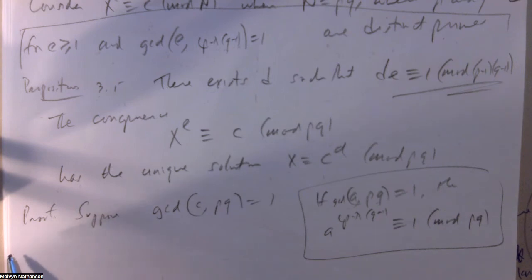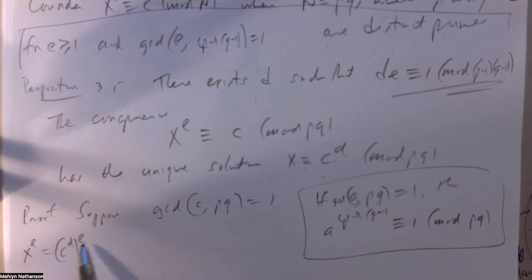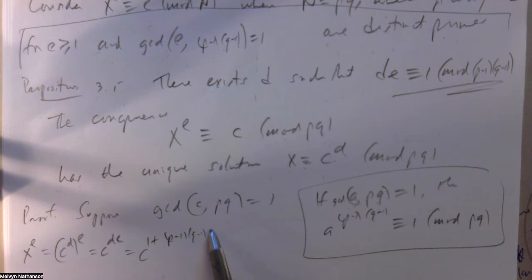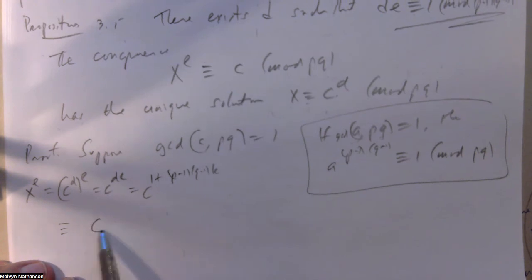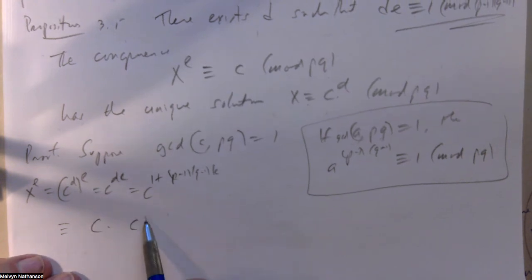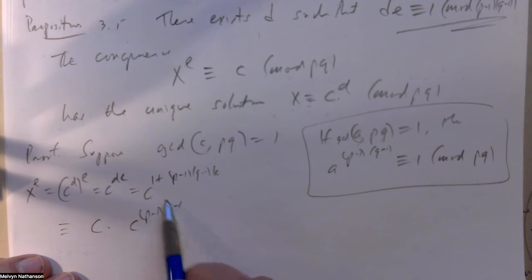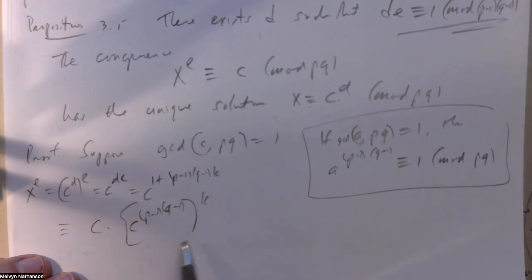So suppose I let x equals c to the d. So x to the e is c to the d to the e, which is c to the de. De is congruent to 1 mod that product. So this is c to the 1 plus p minus 1 q minus 1 times some number k, which is congruent to c times c to the p minus 1 q minus 1 to the k.